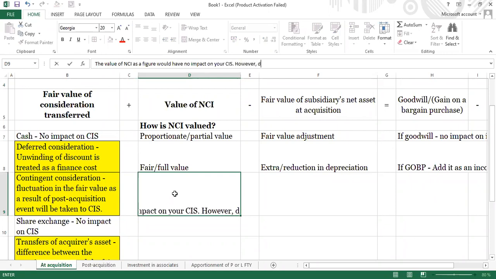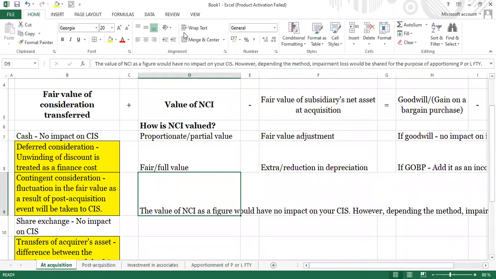However, depending on the method, impairment loss would be shared for the purpose of apportioning profit or loss for the year. As simple as that.